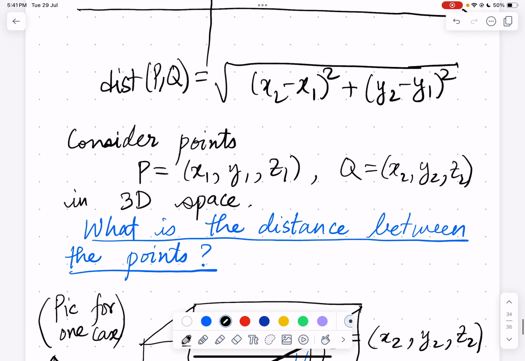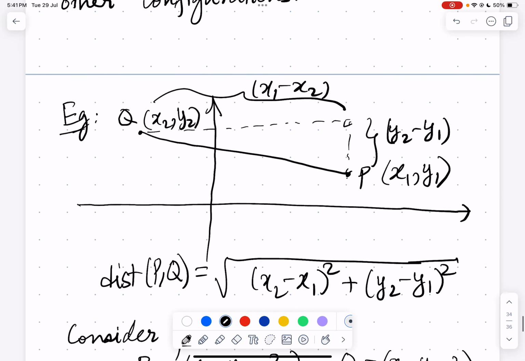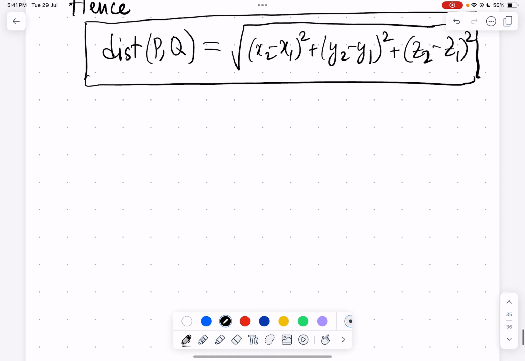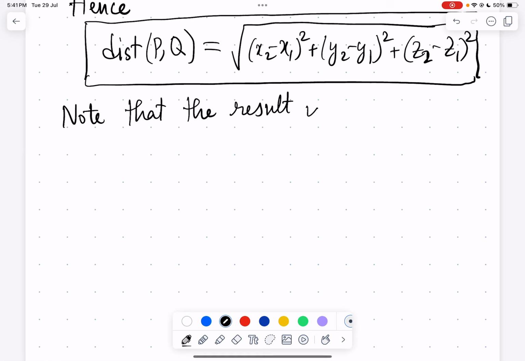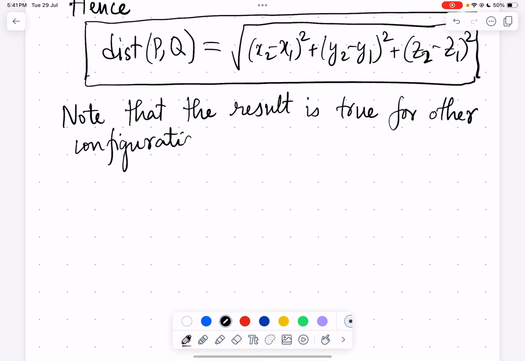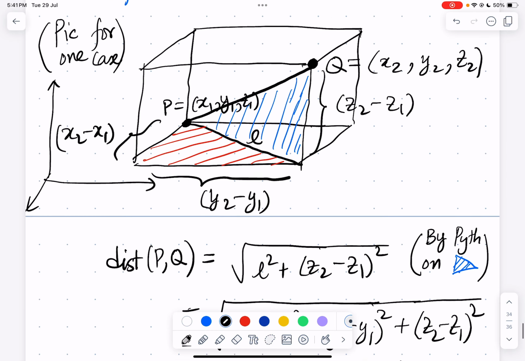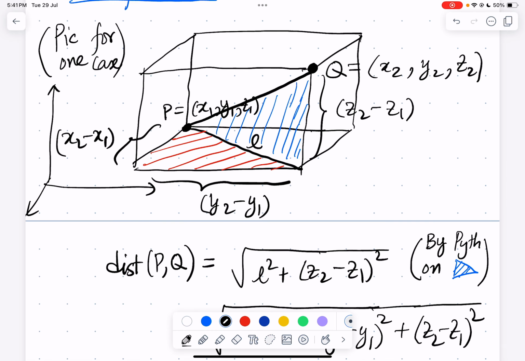As with the previous case, note that the result is true for other configurations. In this picture, we conveniently took x2 to be greater than x1, y2 to be greater than y1, and z2 to be greater than z1.